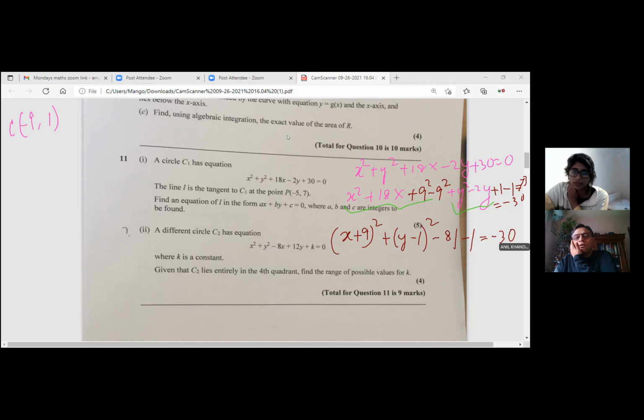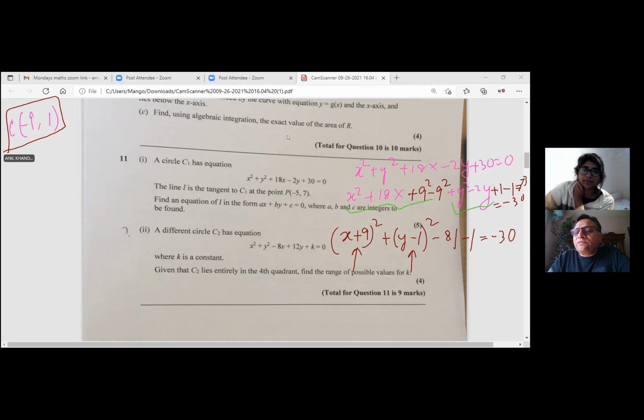Is that clear? So we got the center of the circle. The circle has been translated 9 units left and 1 unit down, which gives the center as (-9, 1), correct?